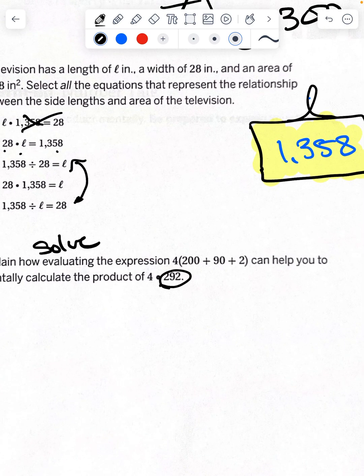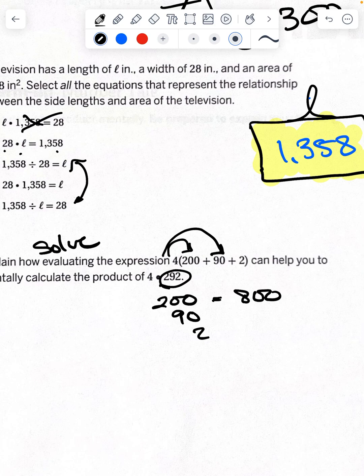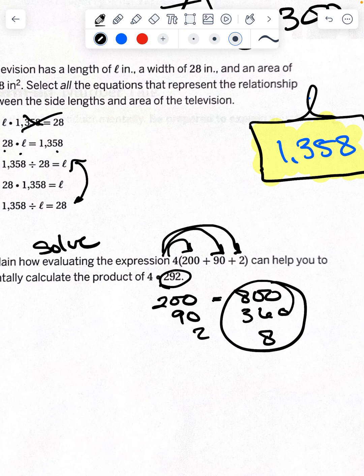Well, guys, remember, this is hard to calculate, but if you break it down into 200 and 90 and 2, you can do 4 times 200 is 800, and 4 times 90, I know 4 times 9 is 36, add a 0, and 4 times 2 is 8, and then you would just add all of those together.